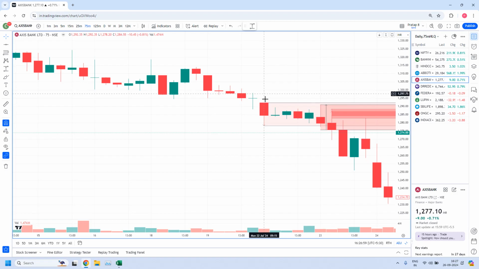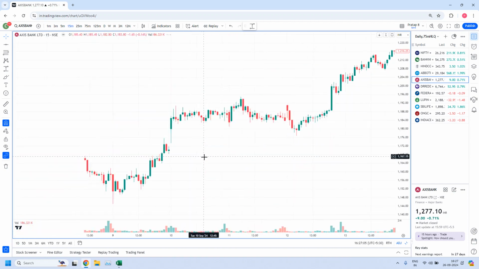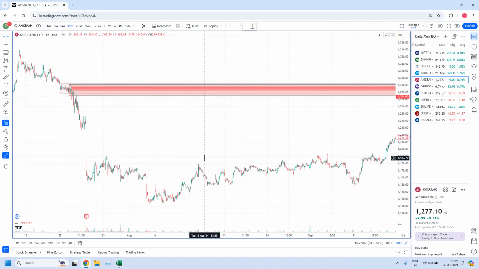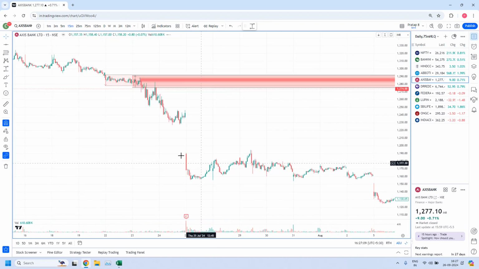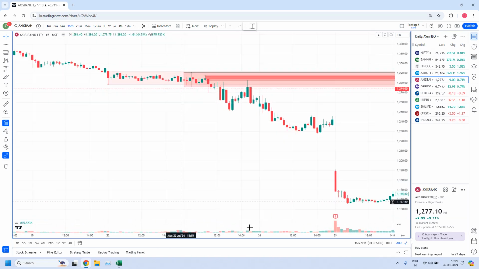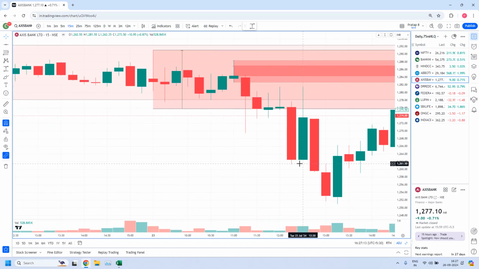See, this is the daily supply zone, this is the 75. So again inside the 75 you have a 15 minutes zone. You have a proper 15 minute zone. Rally, base, drop. See, a very big drop candle.